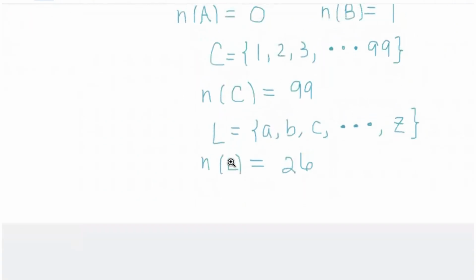Okay, E. Cardinal number of E. How many elements does set E have?